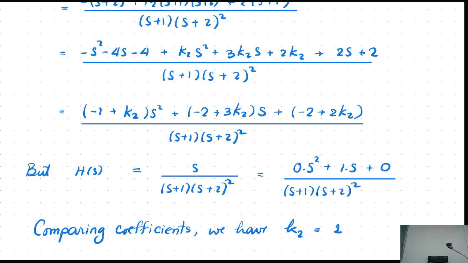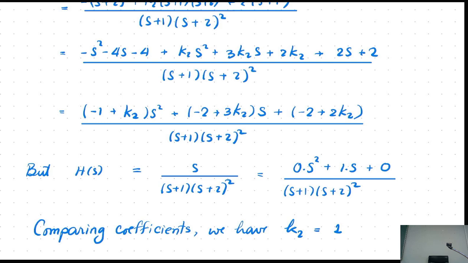Now, you may have a question. If you look at the third term and you get k2 equal to 1, but for some reason the second term makes k2 equal to 0, is that possible? That would not be possible, right? It means that there is a mistake somewhere.